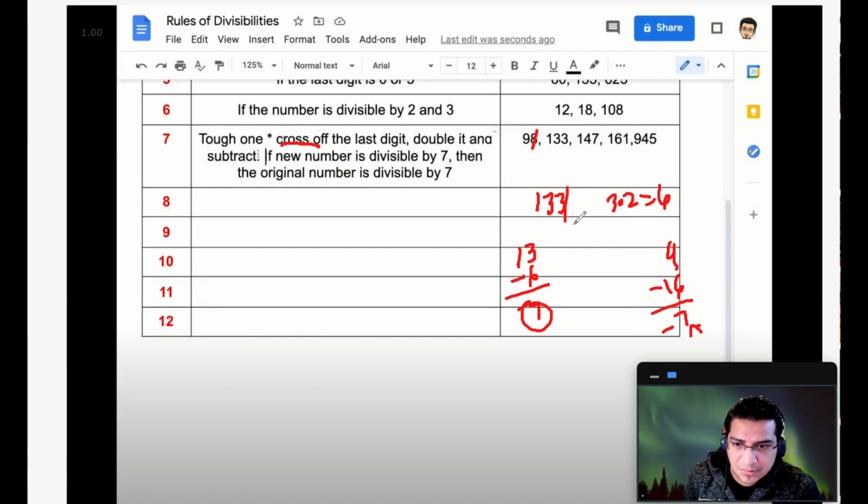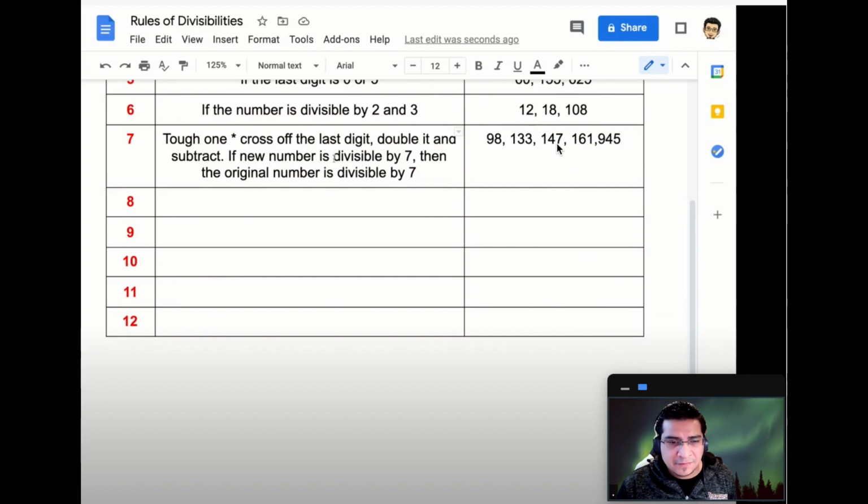So let me do it over here on the side. I'm going to do 147. So not just because it ends with 7, but we're going to apply this. Cross that out. Oh, look at that, you guys. That's going to be 7 times 2 is 14, and 14 minus 14 is 0. So take out the 7, and 7 times 2 is 14.